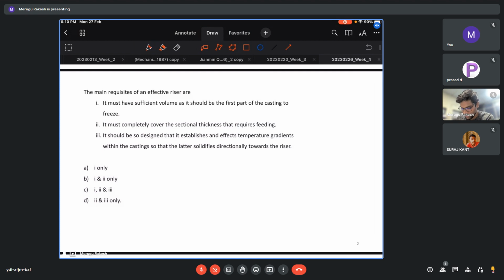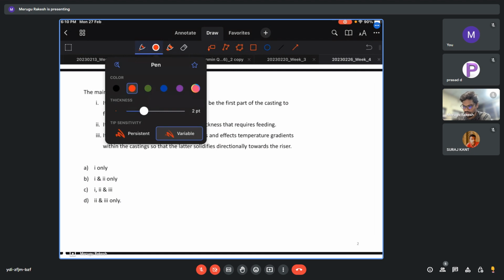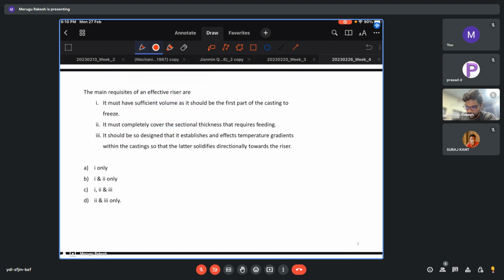solidification analysis. You can take 1 or 2 minutes to read the question, then I will answer. You can either put your answer in the chat box or you can directly unmute and speak. Then we can discuss the question.